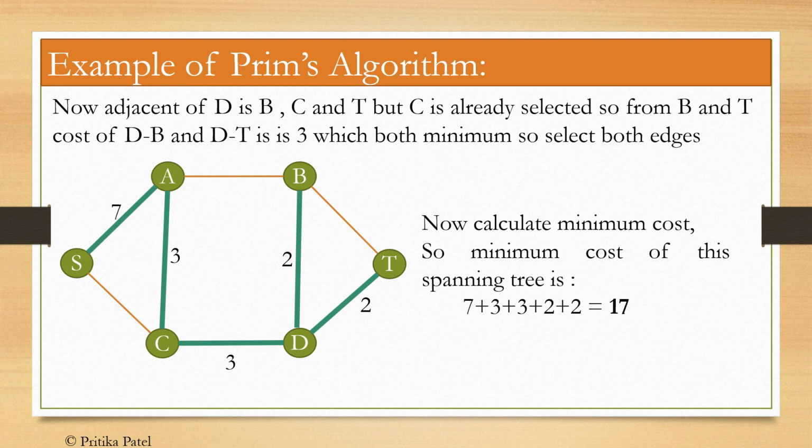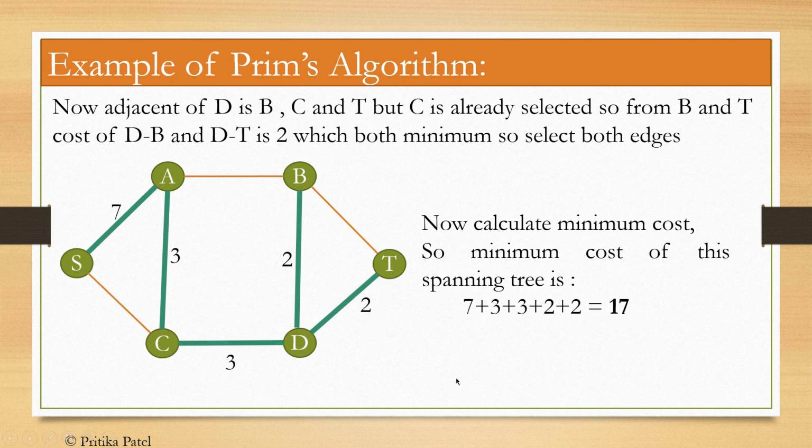Now the adjacent vertices of D are B, T and C. But C is already selected. So from B and T, the cost of this edge is 2.